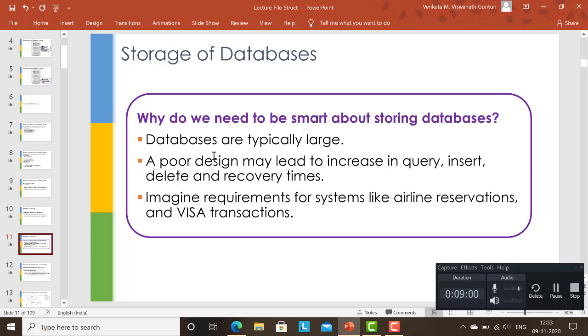That is why we have to be extremely greedy, in the sense that we have to have a system where the query performance, insert, delete, and select queries, are as efficient as possible.